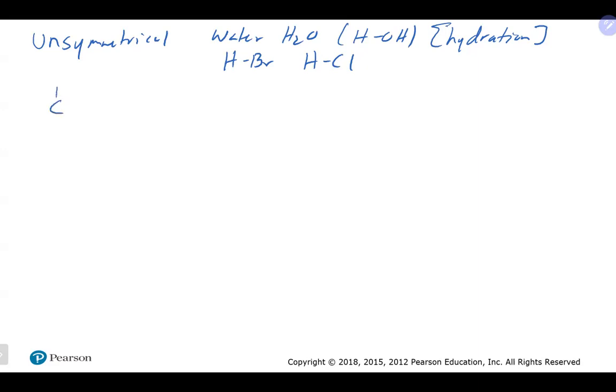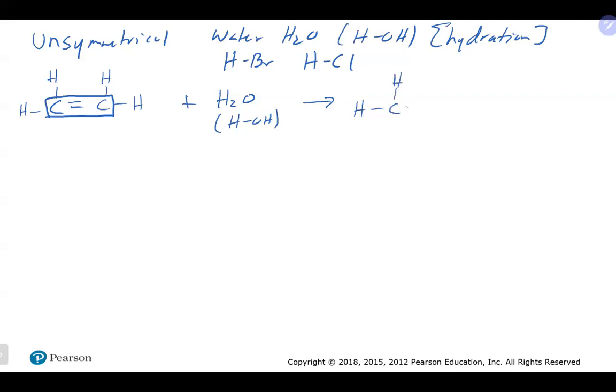So for example, we take our same guy here and we add water, which once again is H and OH. So in this particular case, we're again going to focus in on right here. We're going to turn that into a single bond to make room.